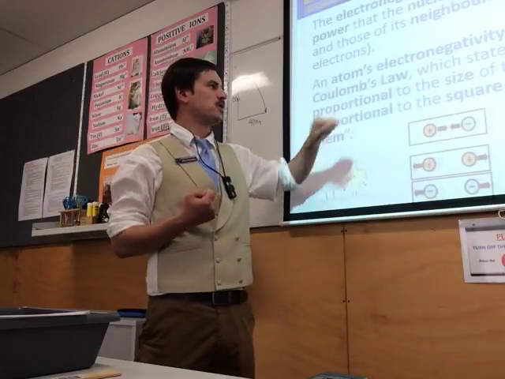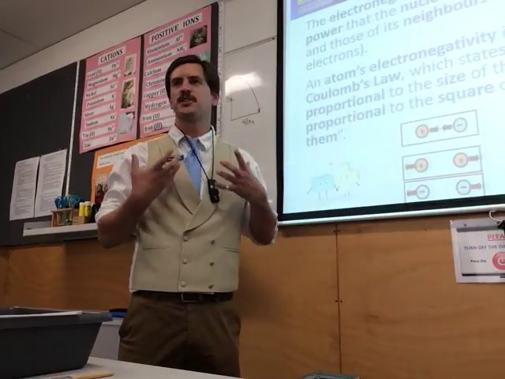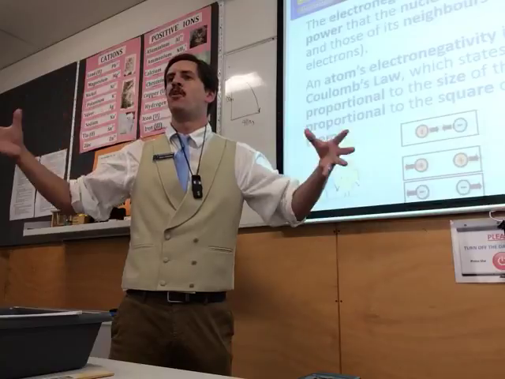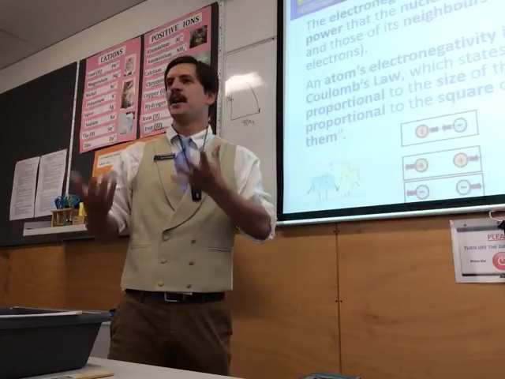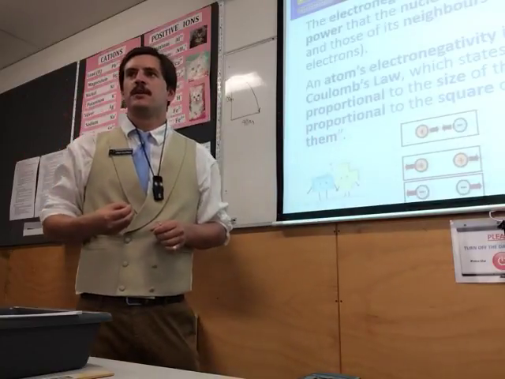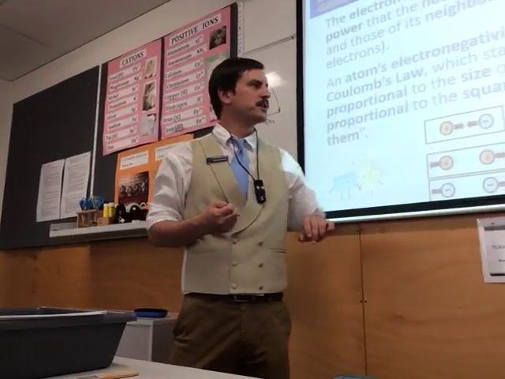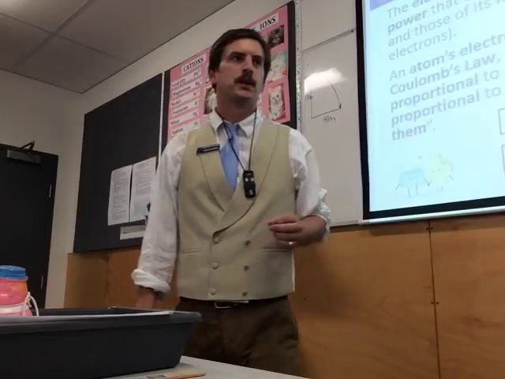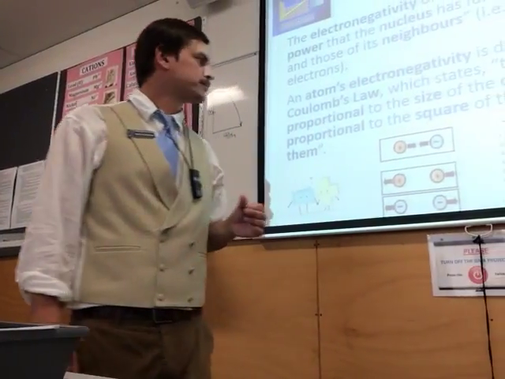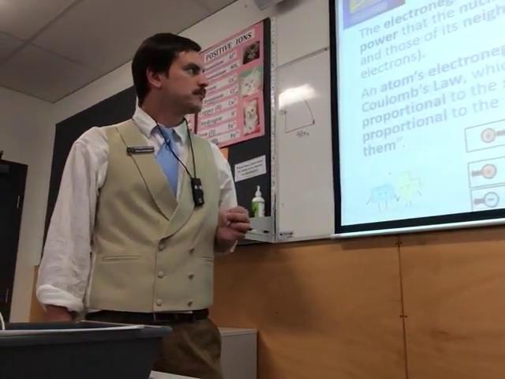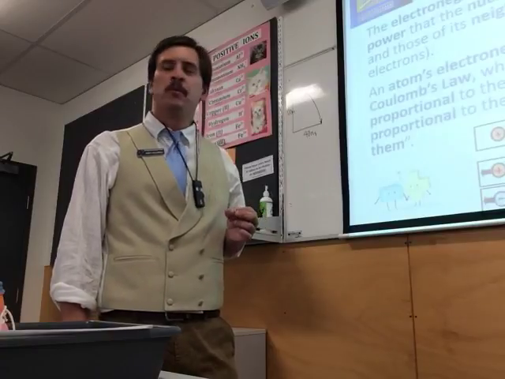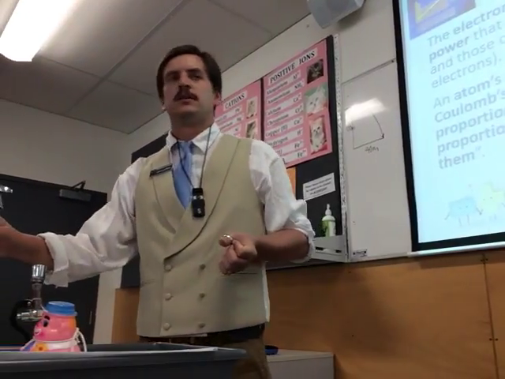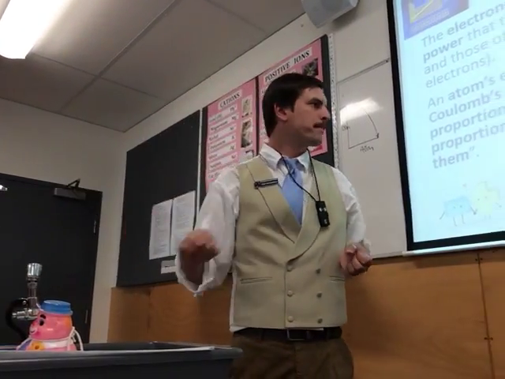If it's proportional to the size of the charge in the nucleus, that means the more protons you have in the nucleus, the more force it's going to have. And they play in balance, the attraction of the nucleus and the distance the electrons are away from it. Now remembering opposites attract, of course. Positive attracts negative. It's a basic physical law.